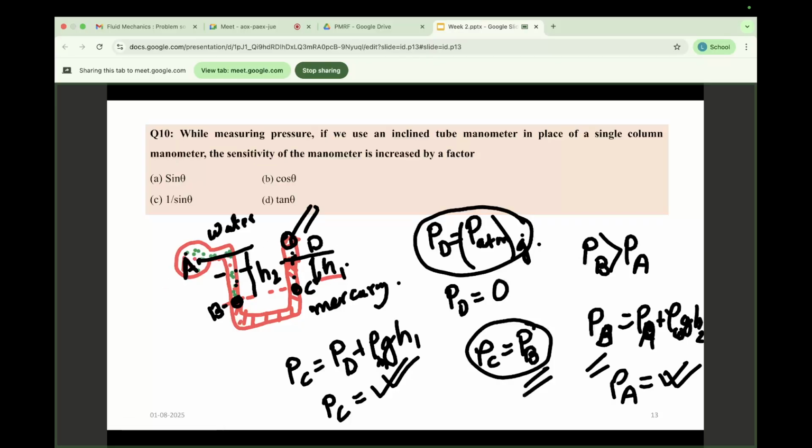We can find out this pressure at A. So that is how a manometer is used to measure the pressure of a liquid. This is for water. So if any other liquid is there, say oil, you put oil here, you put mercury here, and accordingly you can calculate the pressure at this point. So that is how this pressure is measured.